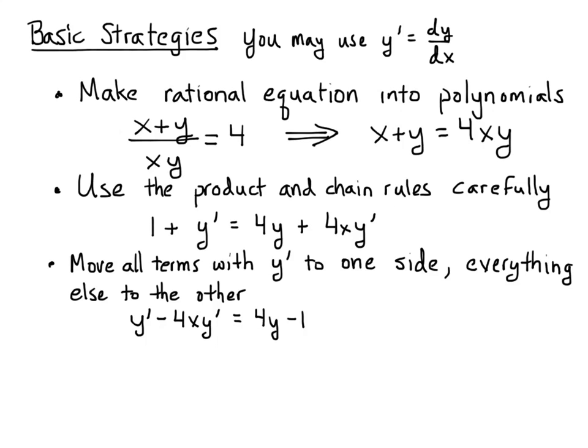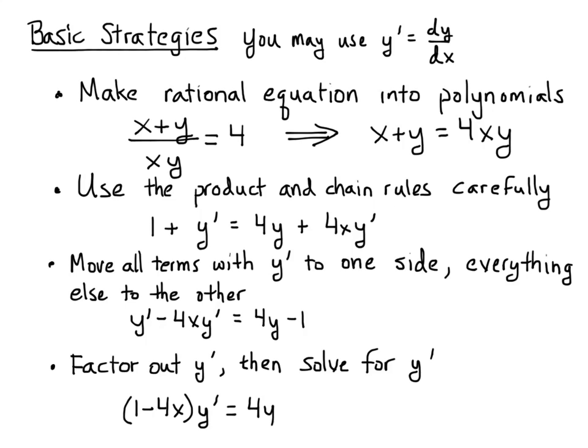Now I factor and solve for y prime. In this case, it's going to be 1 minus 4x times y prime equals 4y minus 1. And there we get y prime equals 4y minus 1 over 1 minus 4x.